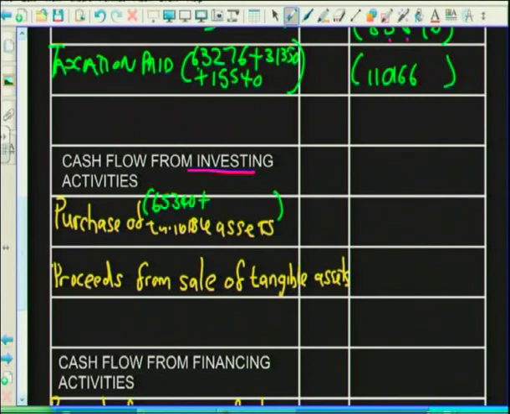There we go. So from that T account, guys, 65,340. I then added 556,050, and then I subtracted what was on the credit side, an amount of 398,640, to get an amount of purchase of tangible assets in brackets, because a purchase represents an outflow of cash.